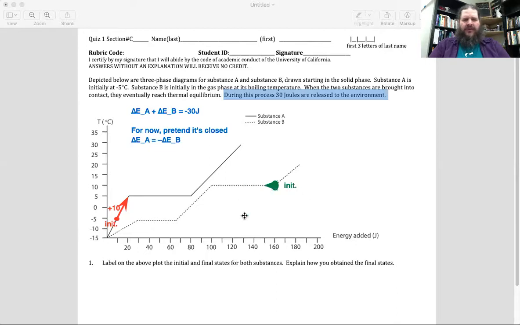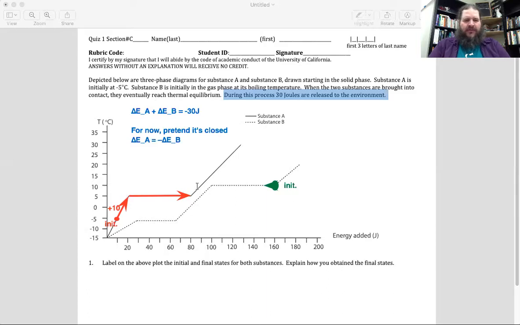And of course, they're still not at thermal equilibrium. So we could probably go further than this. Let's do another 10. Actually, it's going to be a while, I think, before they're at thermal equilibrium. For example, for A to completely sublimate would take how much energy? We added 10 joules to make it get up to its melting point, 5 degrees.